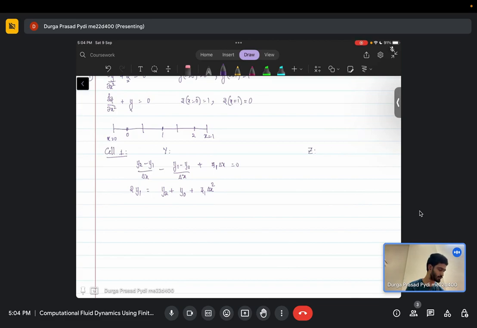For the z equation, it will be 2 times z1 equals z2 plus z0 plus y1 times delta x square.